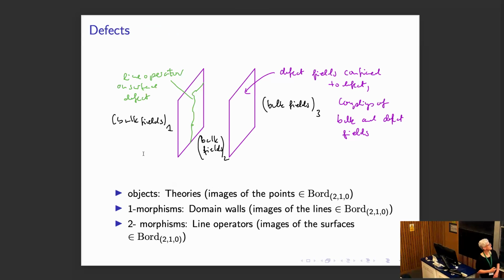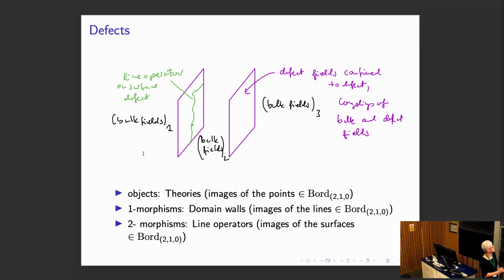So you see very well the pictures that I made myself and the pictures that other people made. So here's a self-made picture. Our higher target category is motivated by a defect category, and here's a picture of how a higher target category coming from defects looks in principle. So the objects are theories. For example, as part of the data of the theory, there are some bulk fields that I draw here, and then there are codimension one defects that separate these different theories.